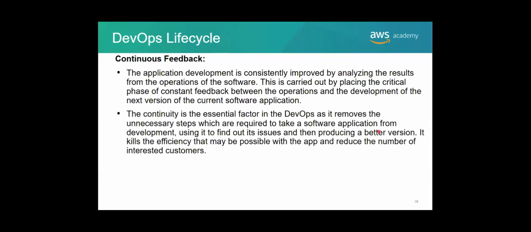Next, this feedback also sometimes will help you to remove unnecessary steps which are not required, or to take the application to the next level. Maybe because of unnecessary steps, which take more time, or the customer is not at all looking for that, it will take more time.